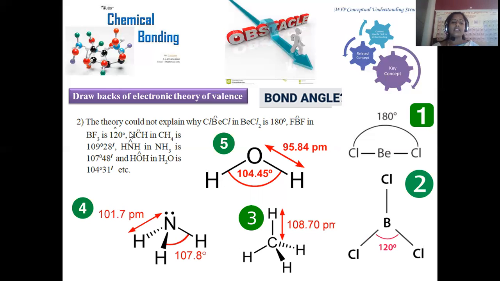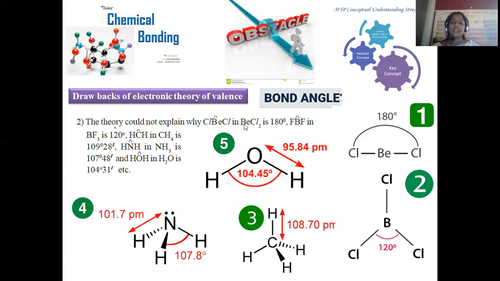When methane is considered, the hydrogen-carbon-hydrogen bond angle is 109 degrees 28 minutes. The ammonia molecule has a hydrogen-nitrogen-hydrogen bond angle of 107 degrees 48 minutes only. And when water, H2O, is taken into consideration, the HOH bond angle is 104 degrees 31 minutes.